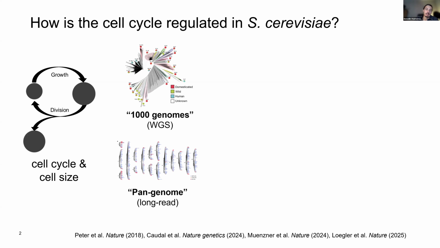And actually, there's lots of variation which we don't really cover in the lab strains and which was uncovered in recent studies, like in 2018, where 1,000 yeasts were isolated all around the world and sequenced, and this whole phylogenetic tree on a species level could be constructed. This is a very interesting and very promising resource for us, which we wanted to look into.